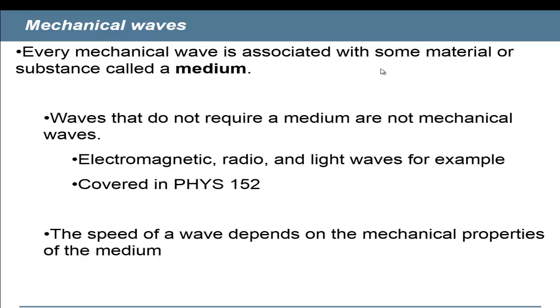If I have different mediums, let's say air, water, rope, a string, wire, oil, or some sort of molasses, then how quickly the energy is transmitted from one point to another depends on the mechanical properties of what is transmitting it.